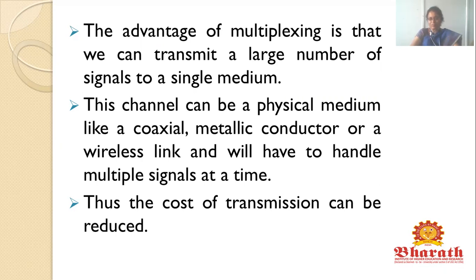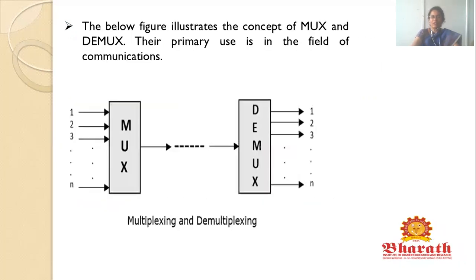This channel can be a physical medium like a coaxial cable, metallic conductor, or any other wireless link, and will have to handle multiple signals at a time. Thus, the cost of transmission can be reduced. This figure shows the concept of multiplexer and demultiplexer. In the multiplexer, n input lines are converted into a single output line, and on the demultiplexer side, a single input line is given to n output lines.